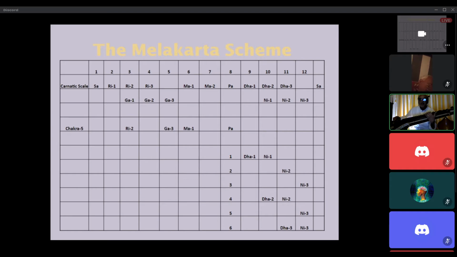Now I change the Dha. Naturally, once I've changed the Dha to the second Dha, I can't go back to the first Ni, so I can't go back to the first Dha. I can't play the same Dha as Ni again because it's already taken the Dha position, the first position that comes.